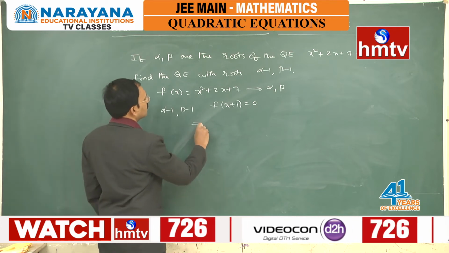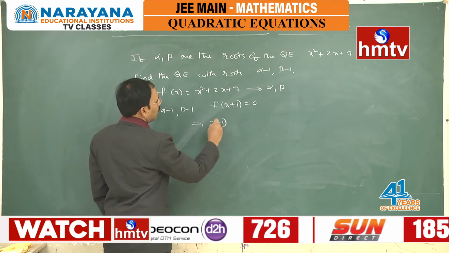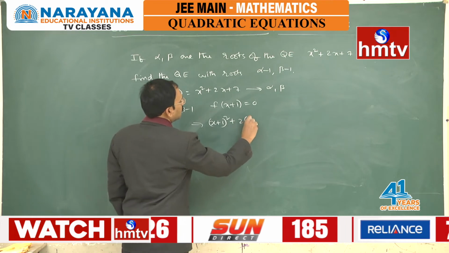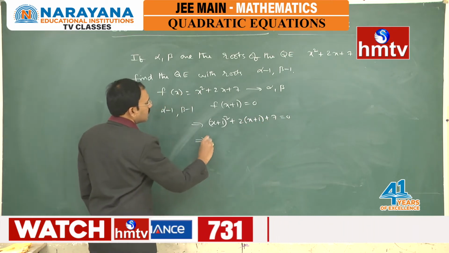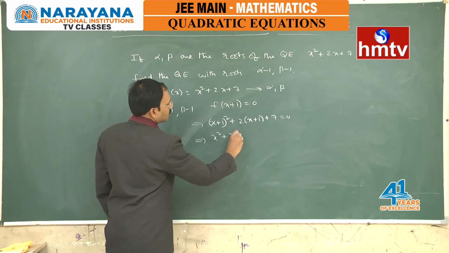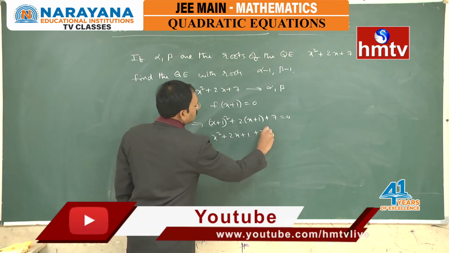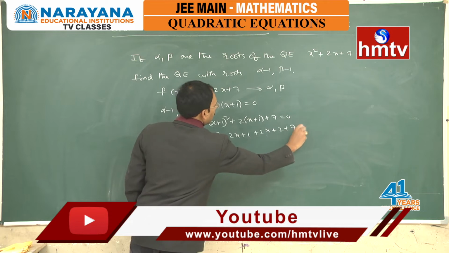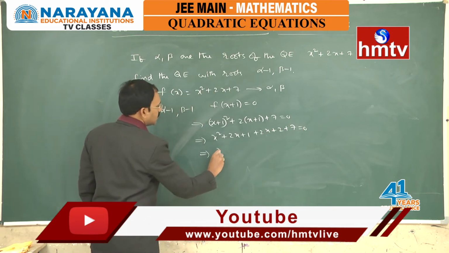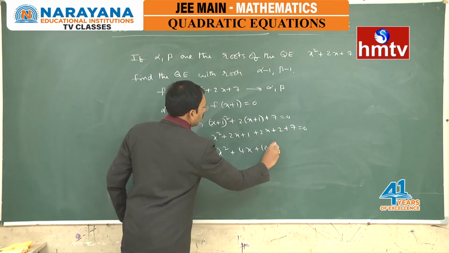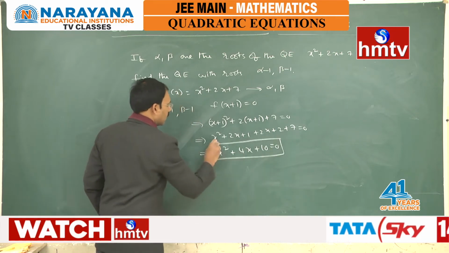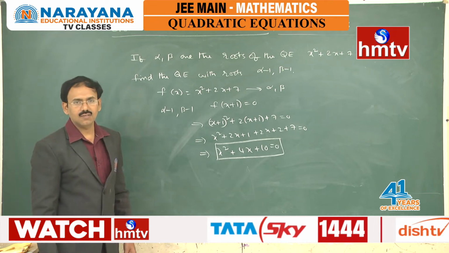That is x plus 1 whole square plus 2 into x plus 1 plus 7 equal to 0, which gives x square plus 2x plus 1 plus 2x plus 2 plus 7 equal to 0, and hence it is x square plus 4x plus 10 equal to 0, which is the required equation.